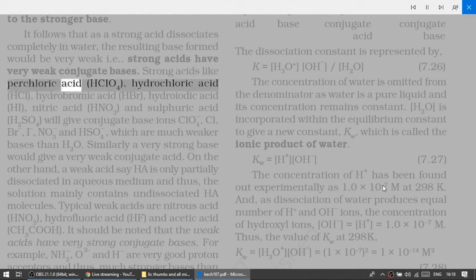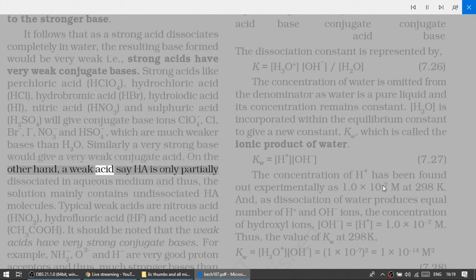Strong acids like perchloric acid, HClO4, hydrochloric acid, HCl, hydrobromic acid, HBr, hydroiodic acid, HI, nitric acid, HNO3, and sulfuric acid, H2SO4, will give conjugate base ions ClO4−, Cl−, Br−, I−, NO3− and HSO4−, which are much weaker bases than H2O. Similarly, a very strong base would give a very weak conjugate acid.